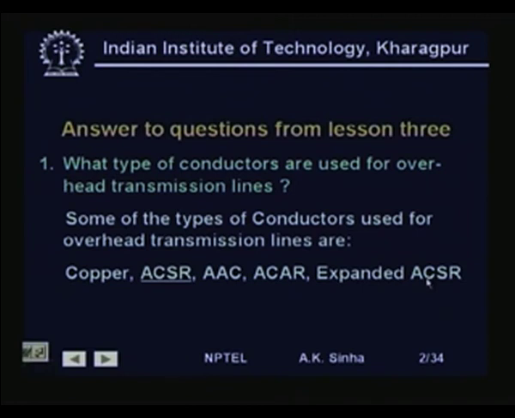As I have already said in lesson 3, sometimes we want to increase the effective radius of the conductor, and for that we use expanded ACSR conductor in EHV transmission line.